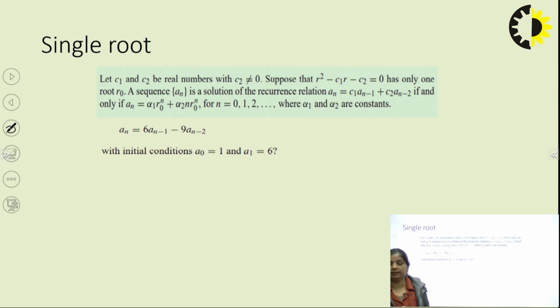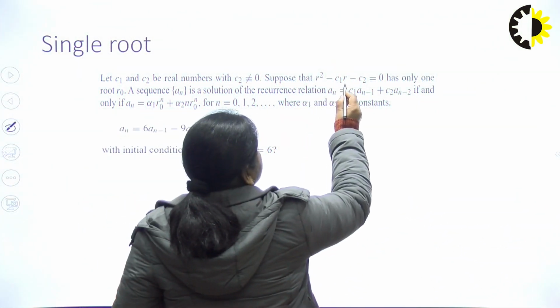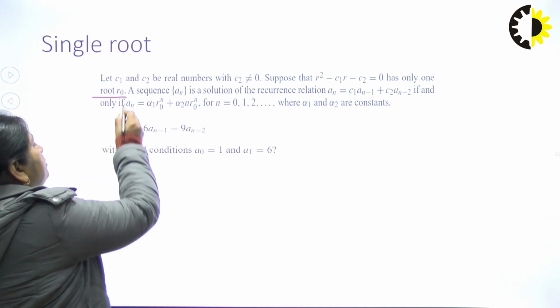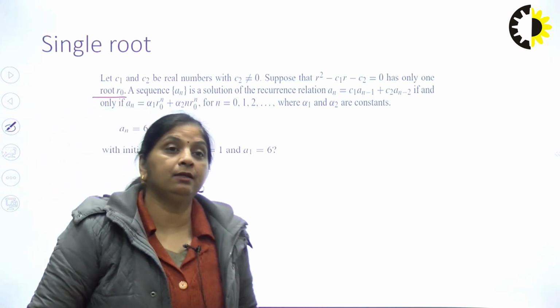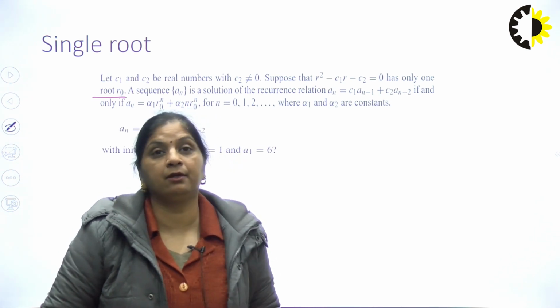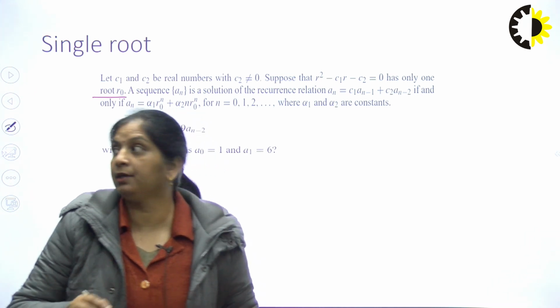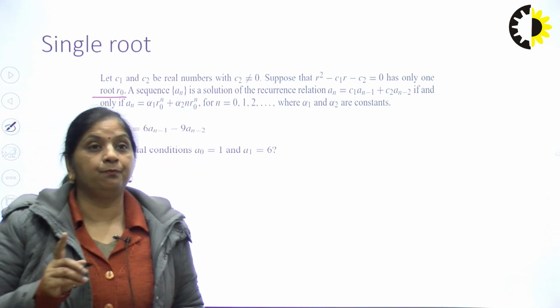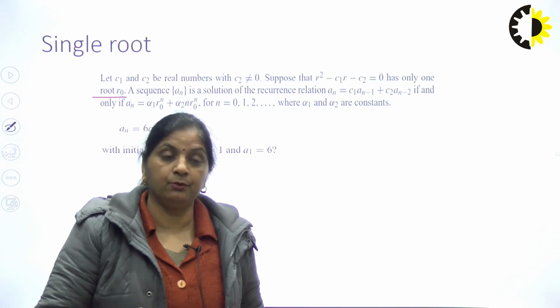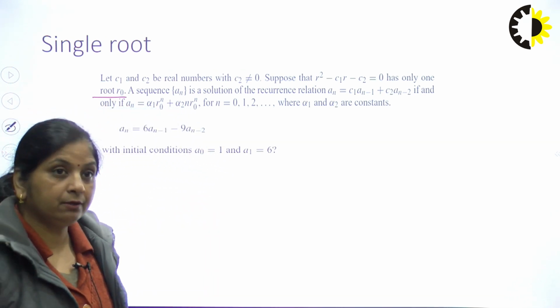In this particular example, we are given a recurrence relation. Let C1 and C2 be real numbers, and R square minus C1 R minus C2 equals 0 has only one root R0. So what we considered here is a quadratic characteristic equation which has only one root, a single root with multiplicity two.